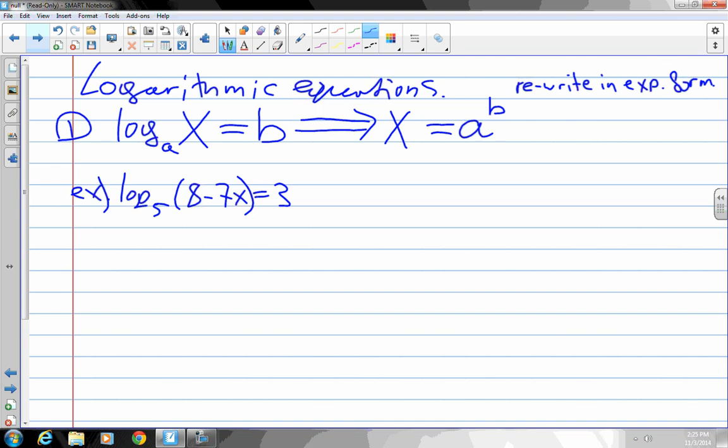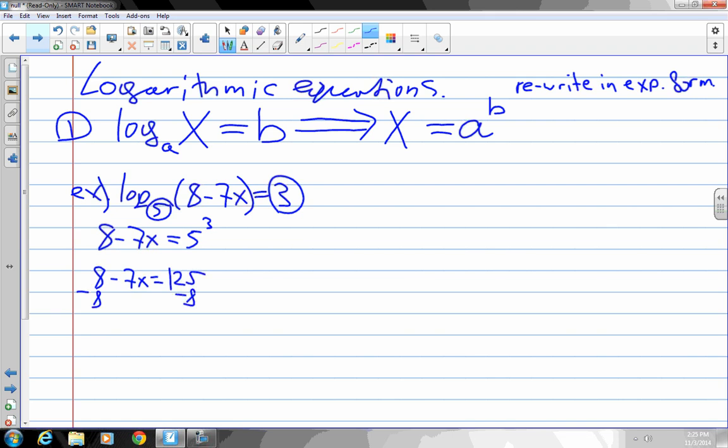Just rewrite this in exponential form. The inside of the log, 8 minus 7x, equals the base 5 raised to the power 3. And all of a sudden, that's a linear equation. Remember, this is the base, and this is the power. So we solve 8 minus 7x equals 125.